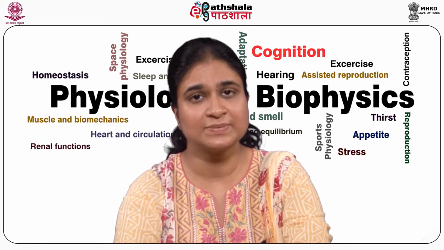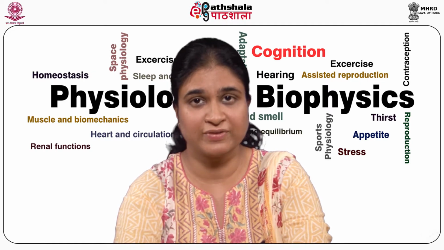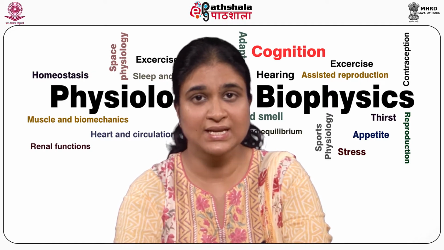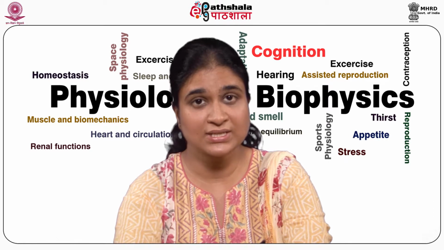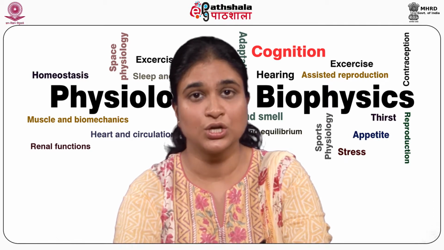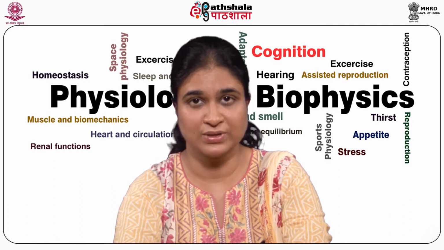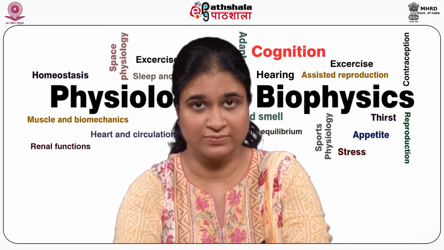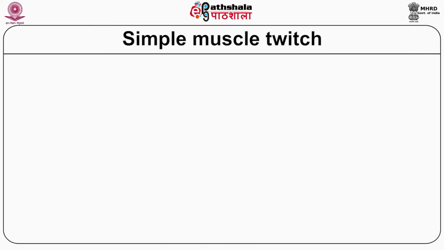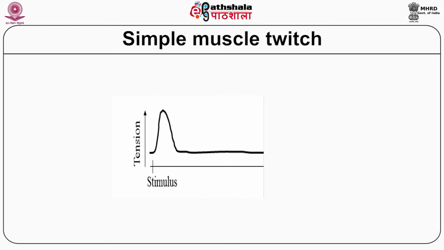To understand this better, let's look at this figure which shows the contractile response of an isolated nerve-muscle preparation to a brief electrical stimulus applied to the nerve, and this is called a simple muscle twitch.